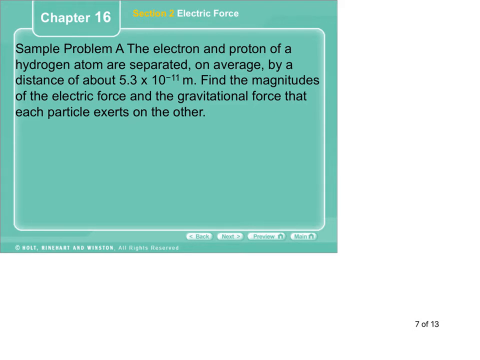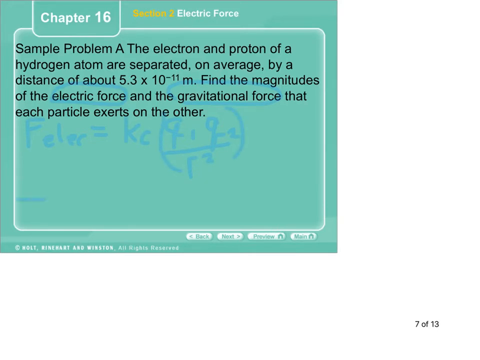Some problems. Sample problem A. Here we want to find the electric force and the gravitational force. We'll start by trying to find the electric force. So our formula there, and what we just looked at, is electric force is equal to Kc times Q1 times Q2 divided by R squared.